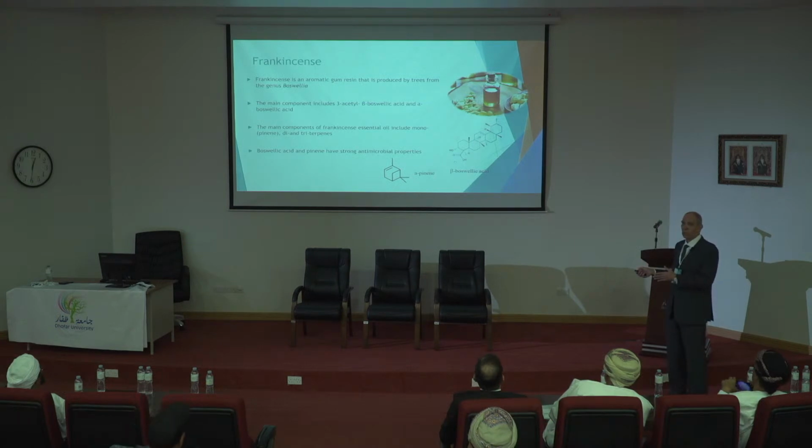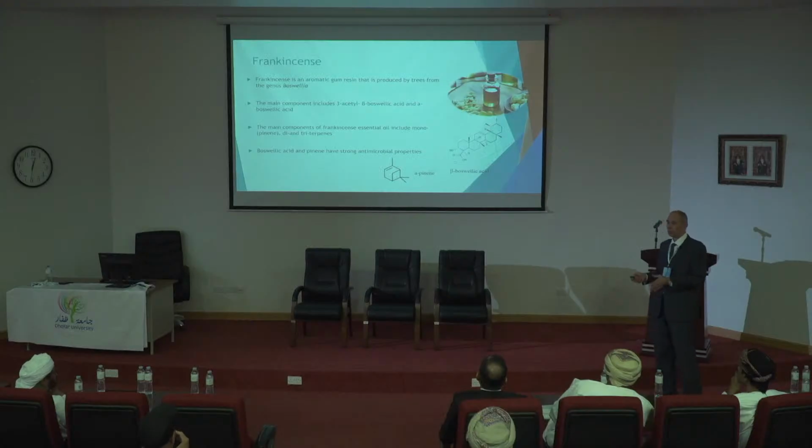The second component that we use for our edible coatings is frankincense. I will not talk much about frankincense. I just need to remind you that it comes from trees belonging to the genus Boswellia, and we use Boswellia sacra, the local frankincense.